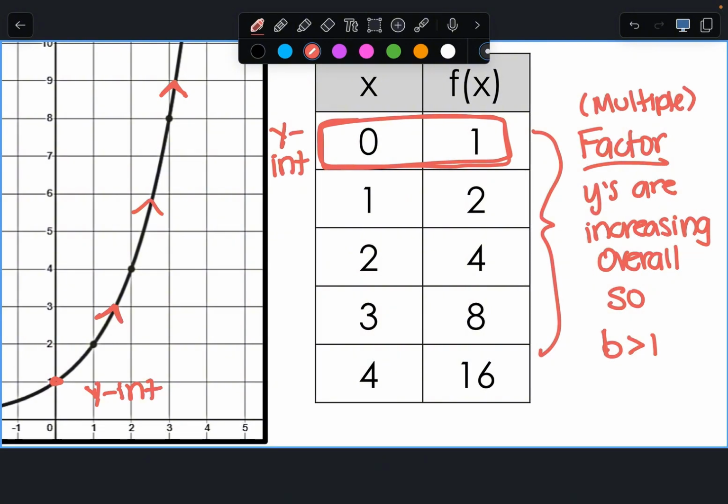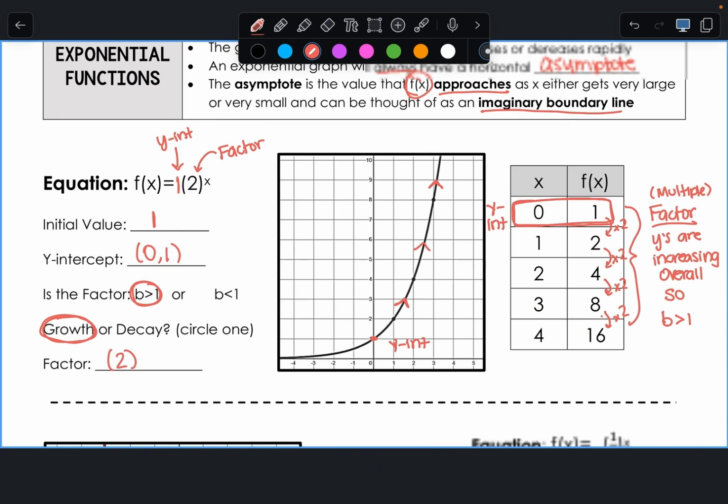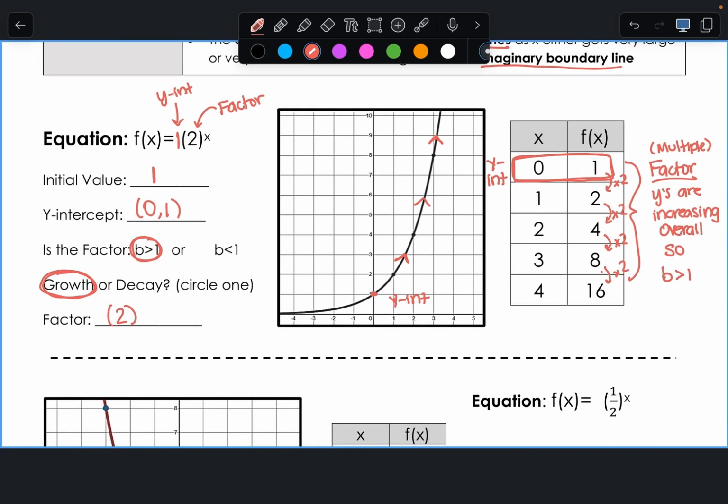We're doubling. We're multiplying by 2 every time. 1 times 2 is 2. 2 times 2 is 4 times 2 is 8 times 2 is 16. So you are able to recognize that it is multiplying by 2 every time. Okay?